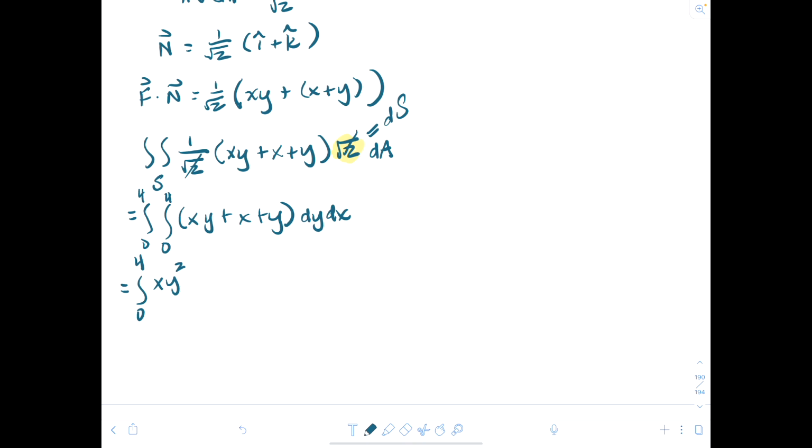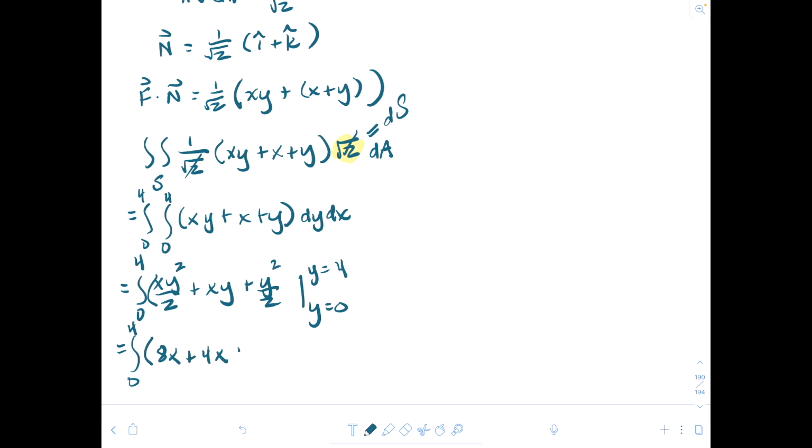xy squared over 2 plus xy plus y squared over 2, from y is 0 to y is 4. And then that will be the integral from 0 to 4 of, let's see, when y is 4, we would get 8x plus 4x plus 8 dx. Sorry, there's a dx here.